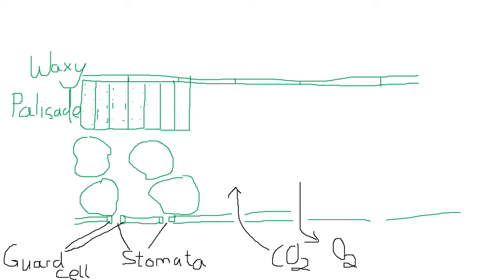And we also have these air spaces in between them. So we'll get an air space there. Now, the air space allows the carbon dioxide to diffuse quite happily through from the stomata up to the palisade layer into all the cells, and again, oxygen diffusing out. So air spaces.